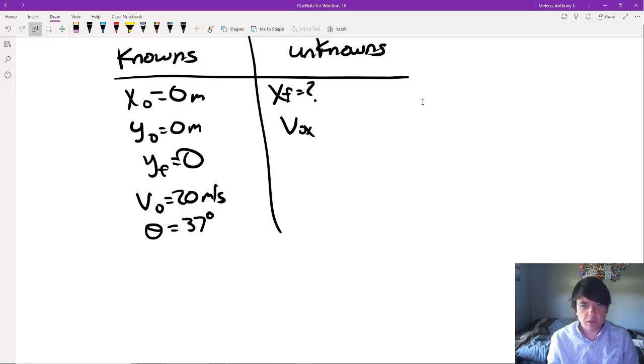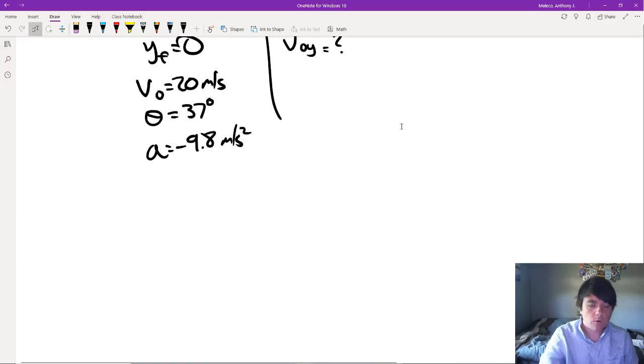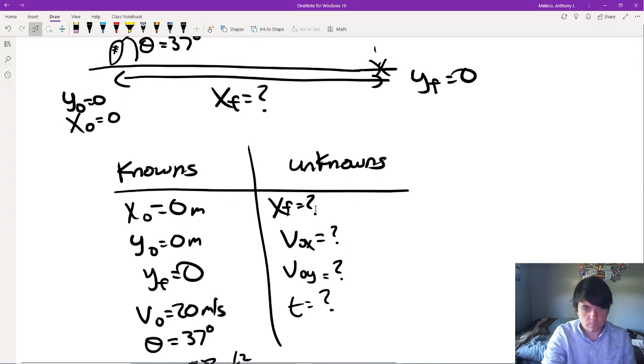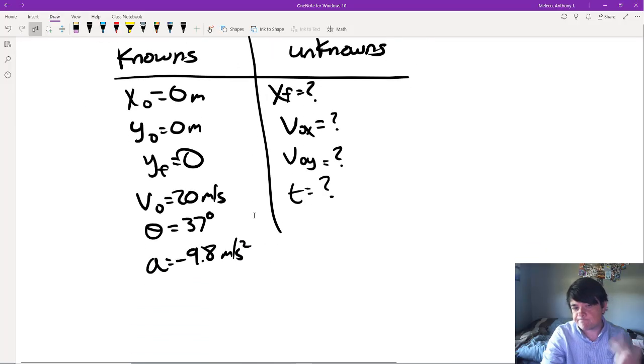We don't know V naught X, and we don't know V naught Y. A is minus 9.8 meters per second squared. I'm just going to define up as positive here. And time we don't know. So I went through positions, velocities, then acceleration, time, and any other extraneous stuff. We don't know Y max. Sorry, that was another position.